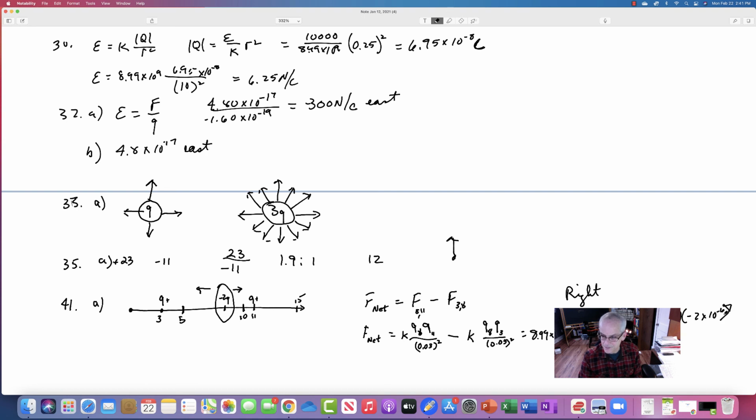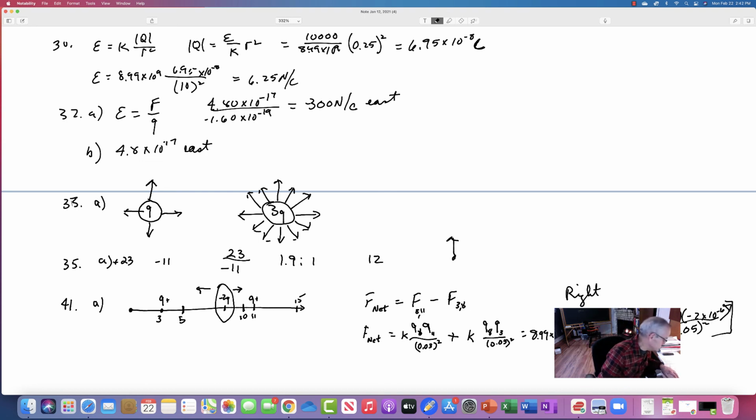Now, because I put the minus signs in here, this actually should be plus now. If I wanted to do it the other way, I would have left the minus signs out. So that's divided by 0.05 squared.